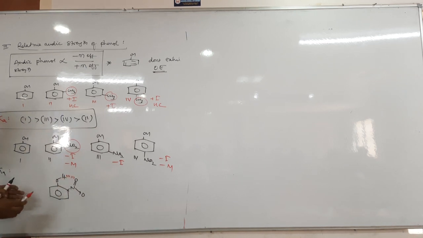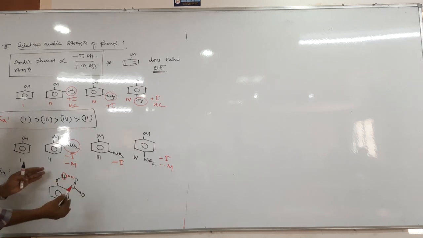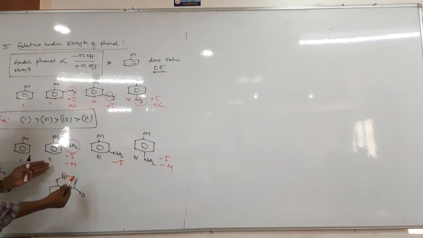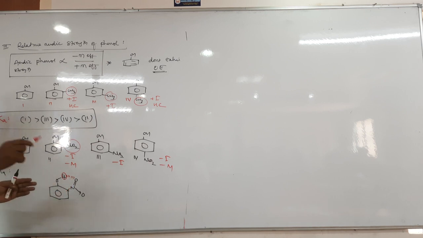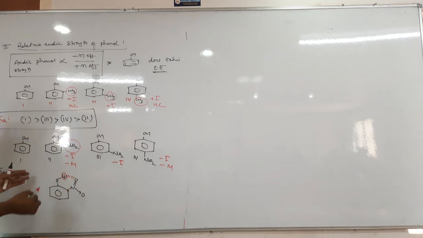Due to intramolecular hydrogen bonding, this hydrogen never comes out easily as H plus. It means it does not undergo dissociation. It is chelation, the formation of a cyclic ring. A cyclic chelation will be formed. This H is there, but it cannot come out as H plus. It does not easily dissociate.